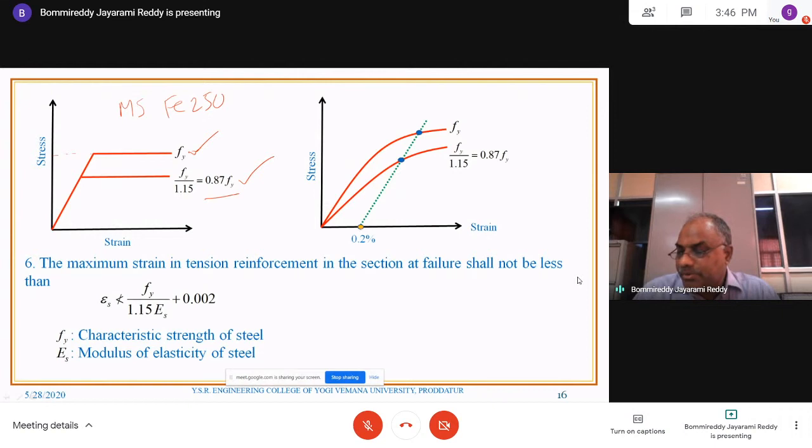Put the 0.2% strain at this point and draw a line parallel to the initial original line. It will touch this point, and that will be called Fy, and it will be taken as a constant Fy value. After introduction of the partial safety factor, it also becomes 0.87 times Fy.